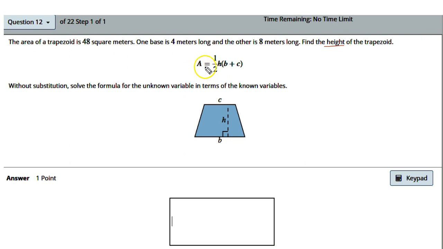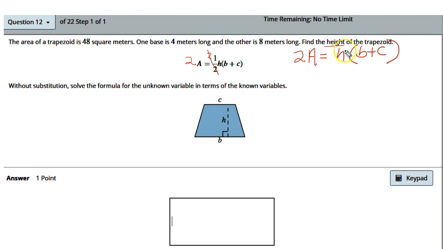So what's the first thing to do when you see a formula like this? You want to solve for the letter H. Well, it's to multiply both sides by 2 here. So the 2's will cancel out, and we now get 2a equals h, and then b plus c.